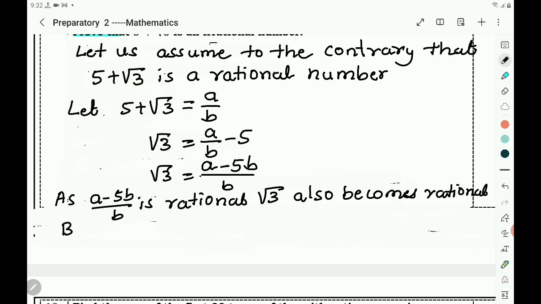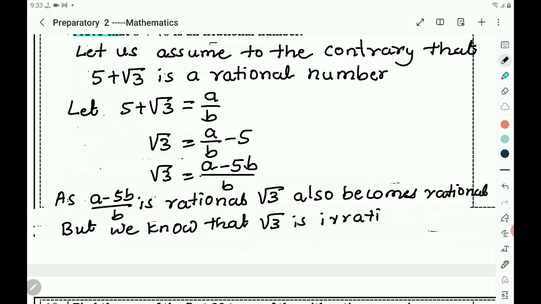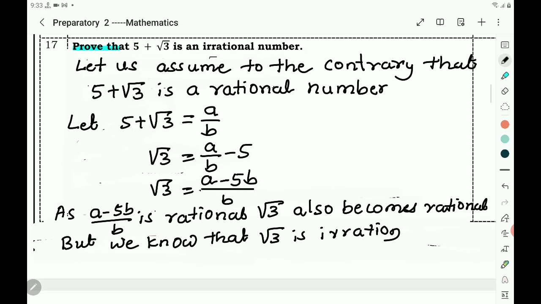But we know that root 3 is irrational. It is a contradiction.